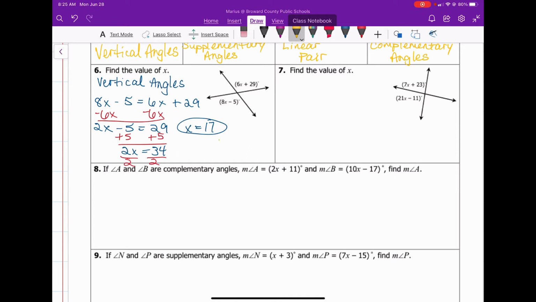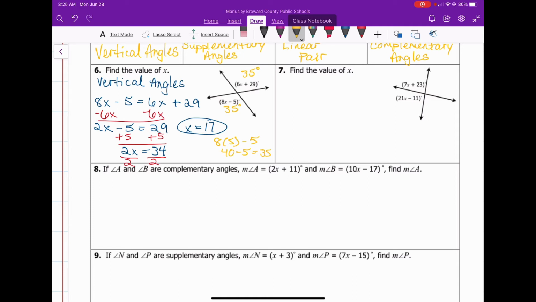Well, to do that, we would just substitute x into one of the expressions. So 8 times 5 is 40. 40 minus 5 is 35. So if I wanted to know the measure of both of these angles, they would not add to equal, but they would both be equal to 35 degrees. Okay, because they're vertical angles.